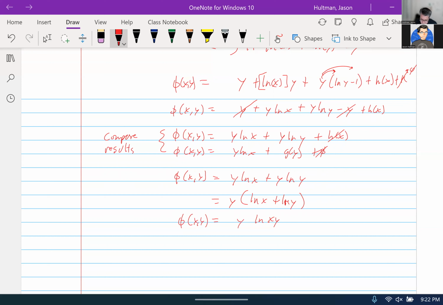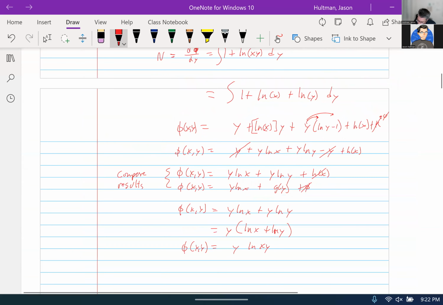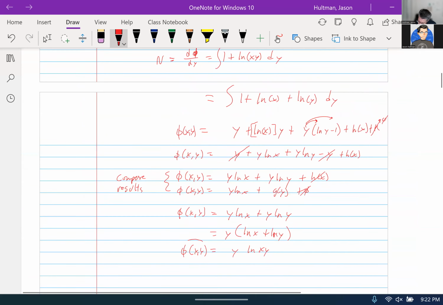Okay, so now let's go back to the beginning. We found our potential function, but how does that help me solve my differential equation?